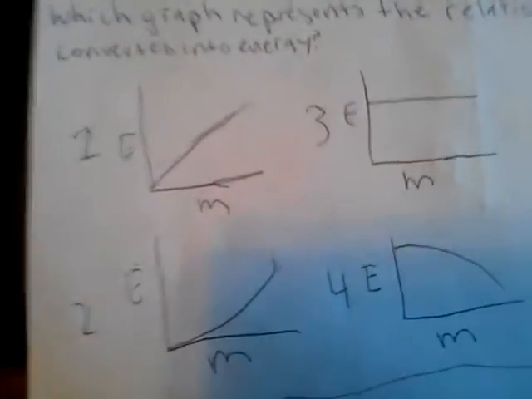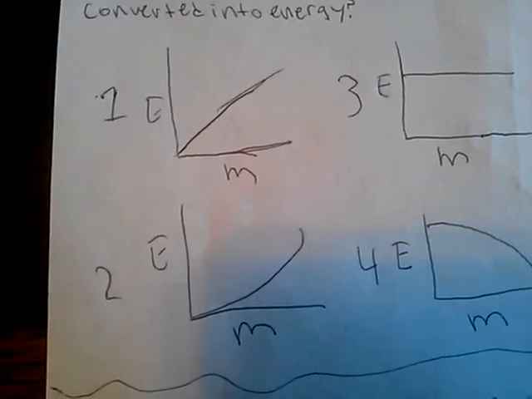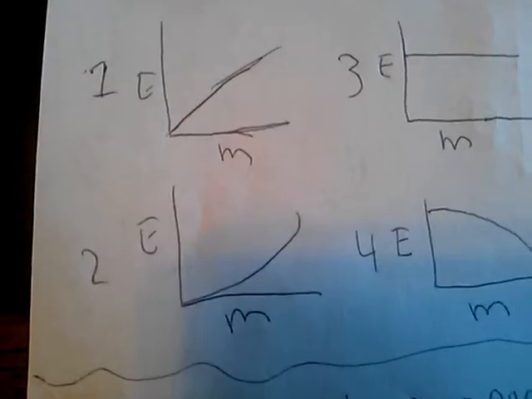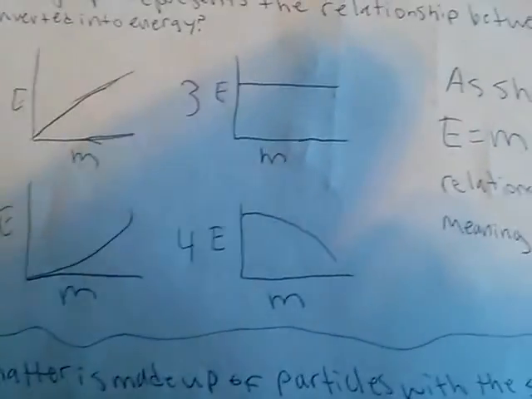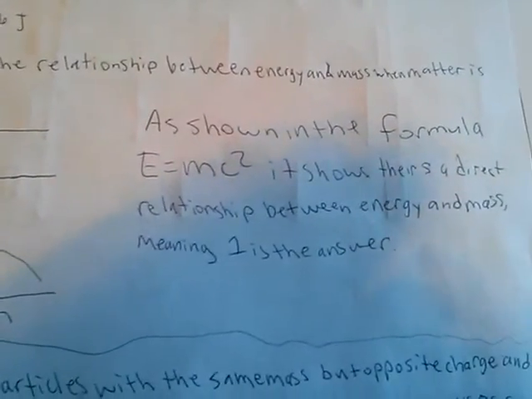It's not affected. Another shows that when m increases, E is squared, like if m was 2, then E would be 4, which it isn't. And this one is a negative curve, so that's not right either. As shown in the formula E equals mc squared, there's a direct relationship between energy and mass, meaning 1 is the answer.